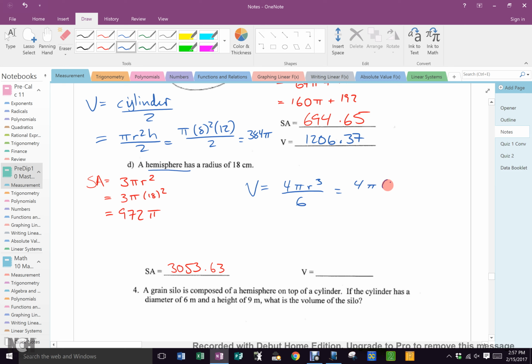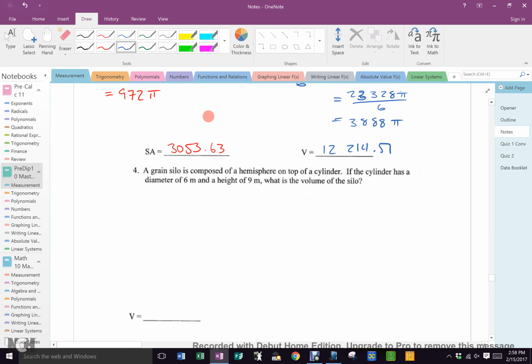So 4 pi times 18 cubed divided by 6, which equals 23,328 pi over 6, which equals 3,888 pi, which is 12,214.51.